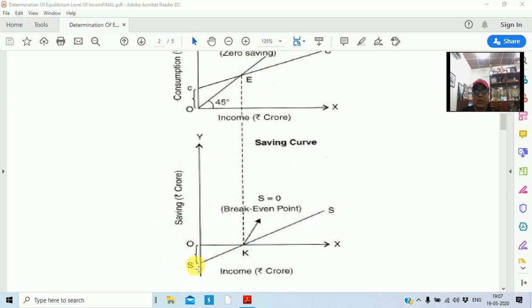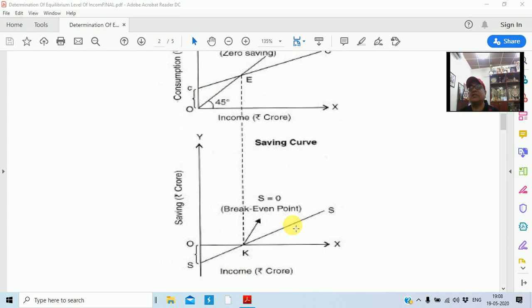What is the slope of the saving curve? Upward sloping. Why is it upward sloping? Because as income increases, savings also increase. And the curve is like the consumption function, a straight line. Why? Like the consumption function, where the slope is determined by MPC, here the slope is determined by MPS, marginal propensity to save.